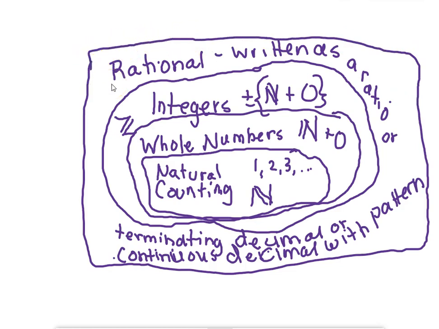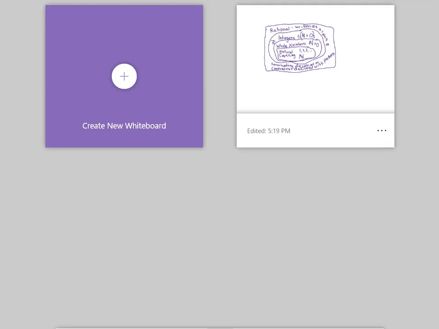Alright, so this is kind of a mess, but you kind of get the idea. If we've got something that's rational, then chances are pretty good we've also got something that is irrational. I'm going to create a new whiteboard for this. So irrational.